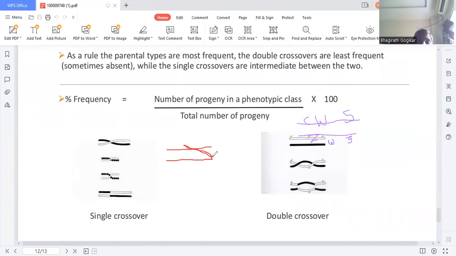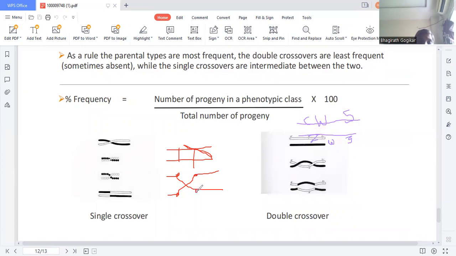This is one point. This is another point. Like this is another homologous chromosome. So this is one point, and this is another point. This is the first point, this is the second point.